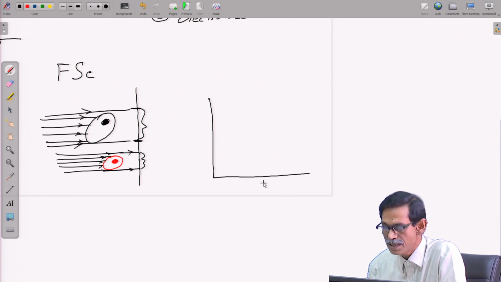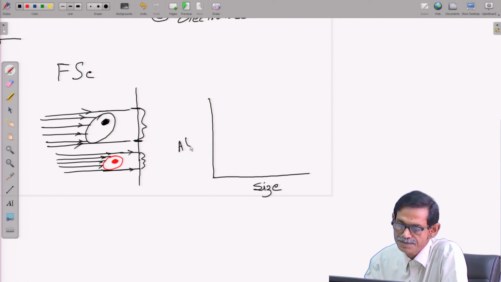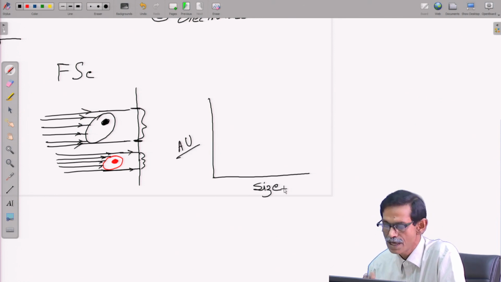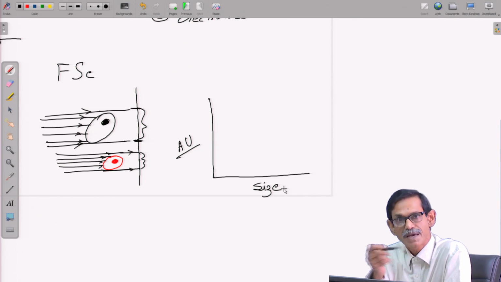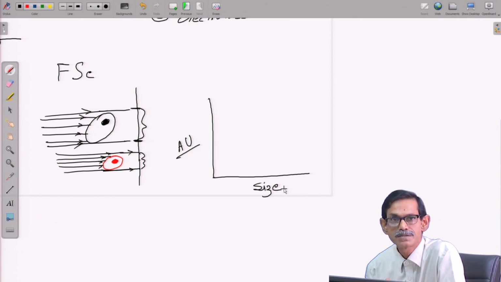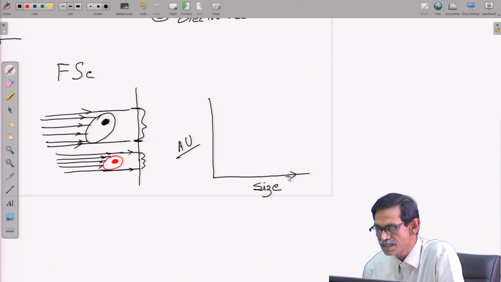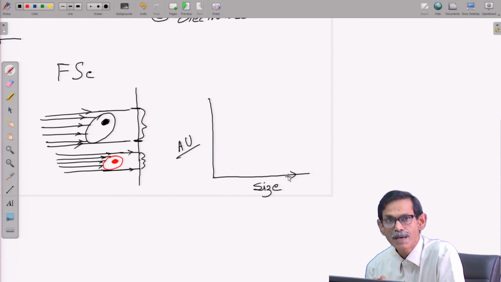If this is the size, in arbitrary units, each cell passing the capillary will give one dot. Suppose the size increases in this direction. A big cell will give a dot here, and a small cell will give a dot here. This is the smallest cell and this is the biggest cell.